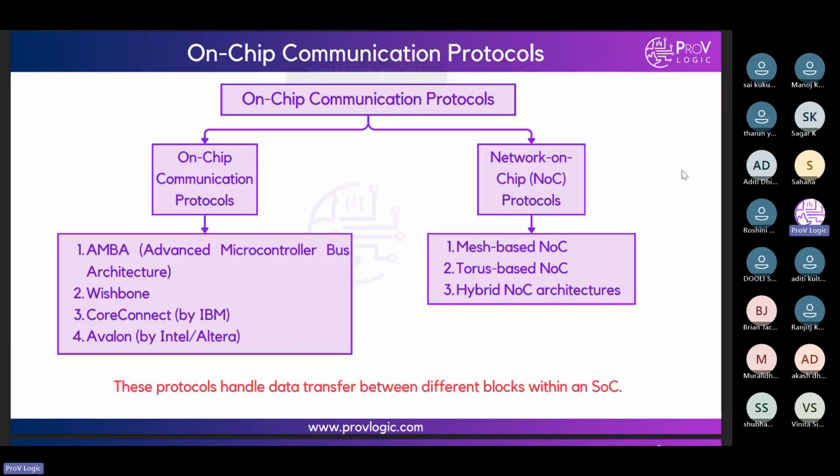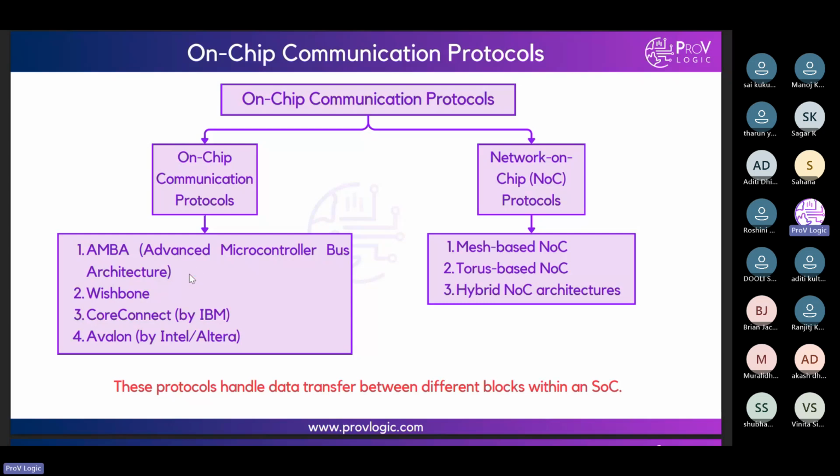So coming to a clear understanding, we'll try to understand each protocol. Coming to the on-chip communication protocol, as I told, these protocols handle data transfer between different blocks within an SOC. Majorly in this training, we are going to discuss the first one, AMBA, Advanced Microcontroller Bus Architecture protocols.